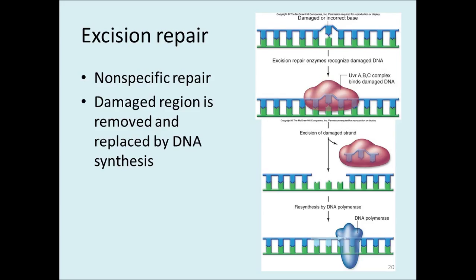It will cut that damaged area and those bases out and throw them away. DNA polymerase will come in and add the proper nucleotide by matching it to the complementary strand. It'll bring it in and glue it just as it did when it was making DNA. And this repairs the little piece that's missing.